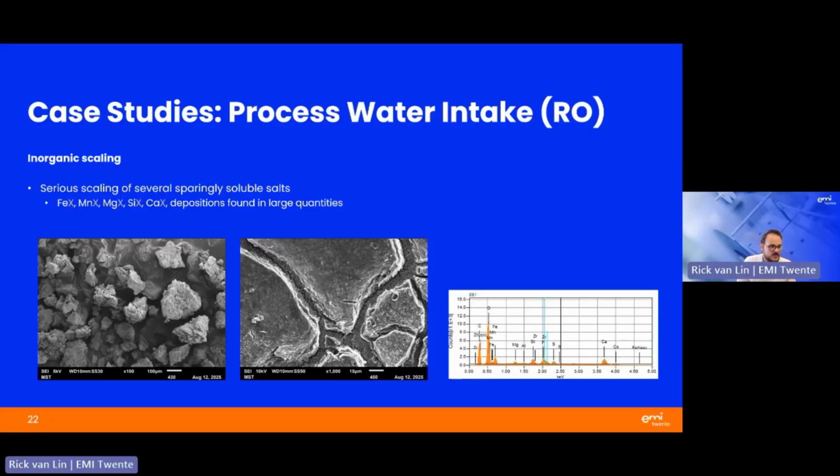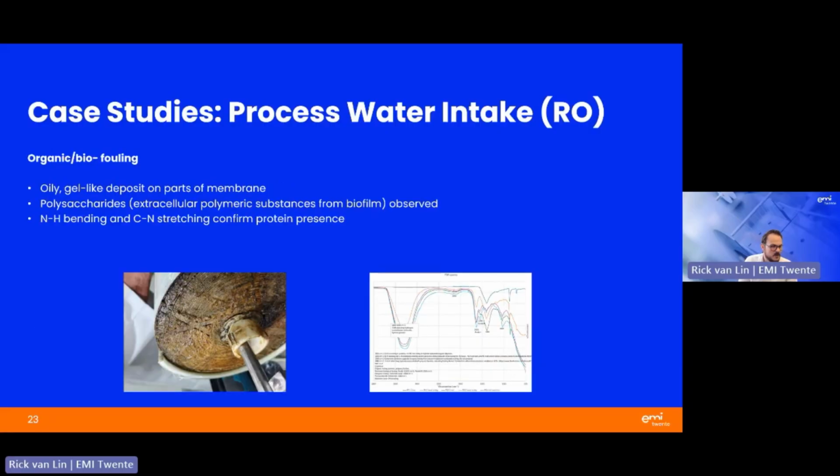But apart from the obvious scaling, there was, well, a gooey texture on the membrane as well. So we went for FTIR analysis to see what this oily, gel-like deposit was. And there were some very clear fingerprints indicating EPS.